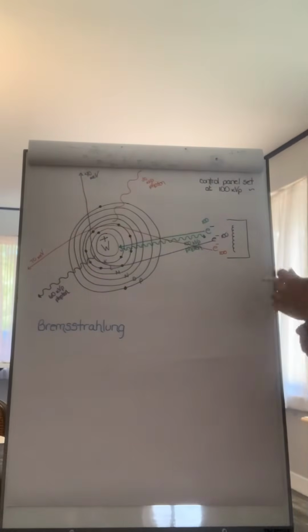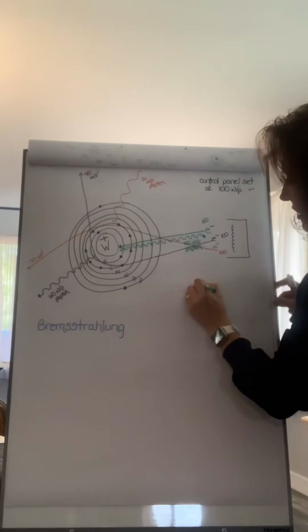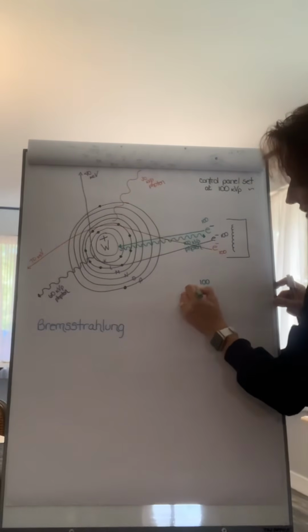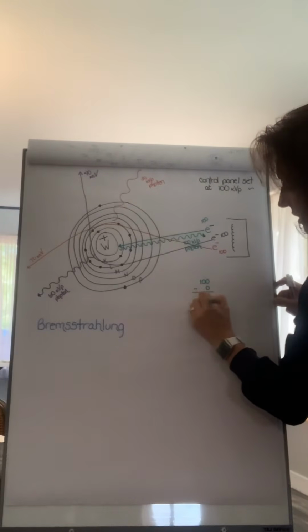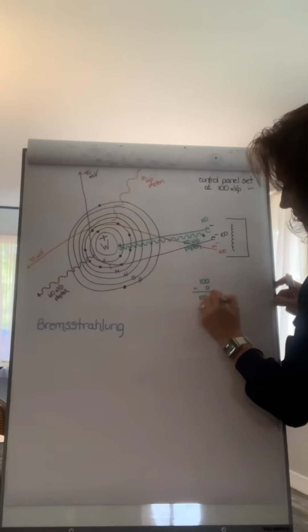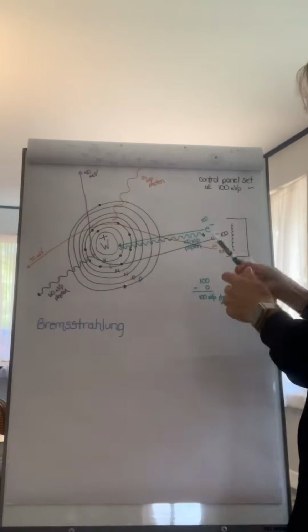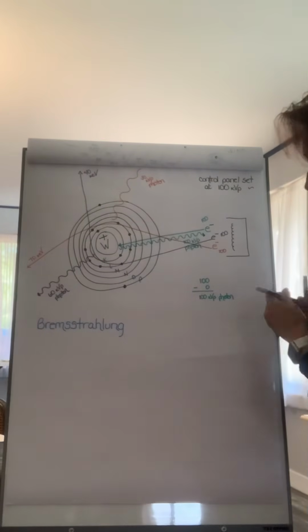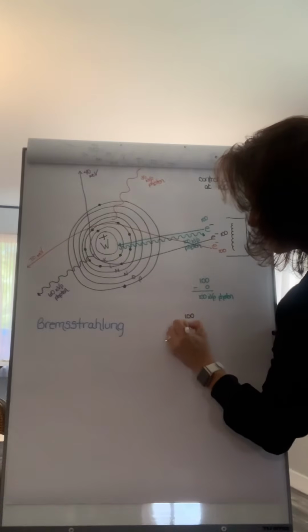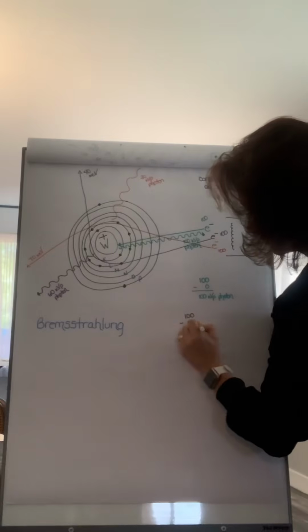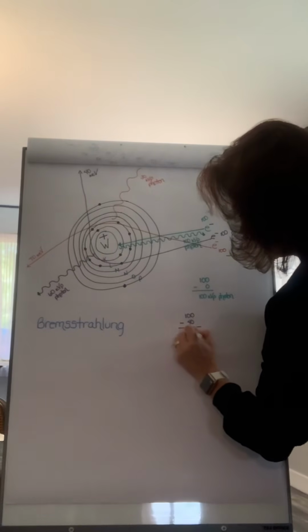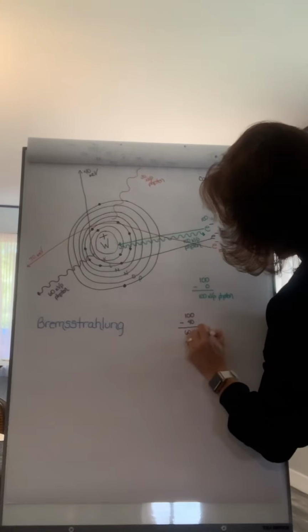Okay, so on this green one, let's say we went in with 100 and had 0. So 100 minus 0 gives you a 100 kVp photon. That's how we got the green one. The purple one entered with 100 and left with 40, so it left us with a 60 kVp photon.